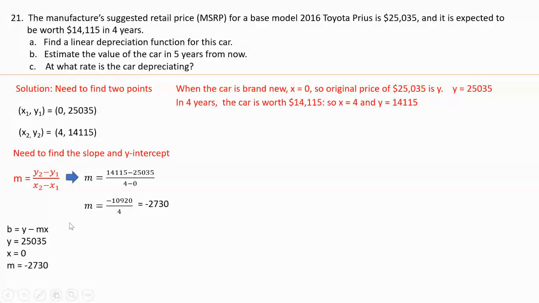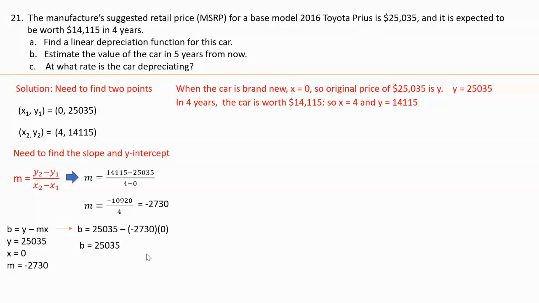Now, to find the b, I like to use this formula instead, the one that I used earlier. So b equals y minus mx, and I'm going to use the first point. So my y is 25,035 minus my slope, which is negative 2,730, times my x, which is 0. So b is equal to 25,035.